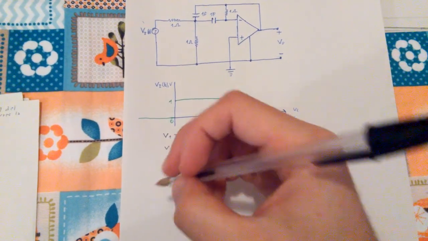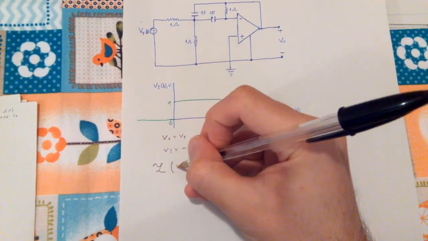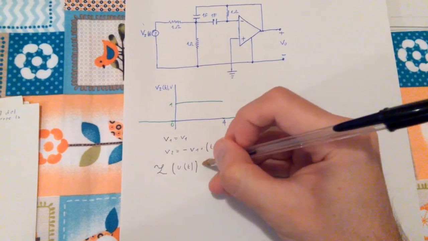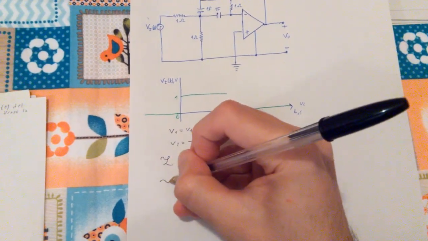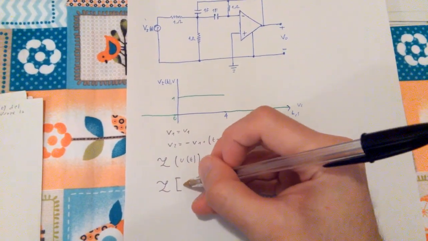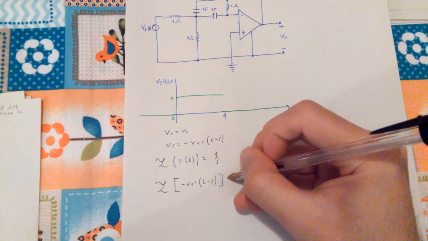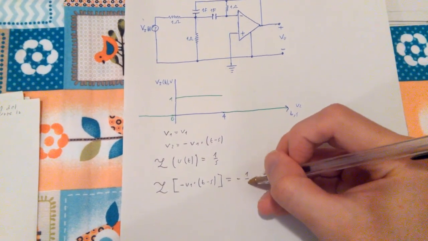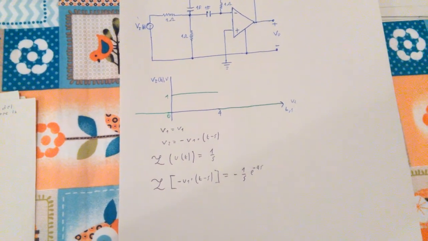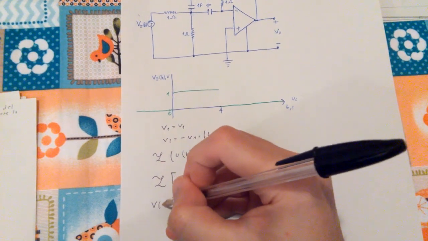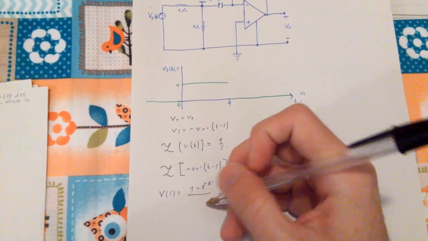If this is true, then the Laplace transform of u(t) is 1 over s. But then the Laplace transform of negative u(t minus 4) is equal to negative 1 over s e to the negative 4s, which means that Vi of s is actually 1 minus e to the negative 4s over s.